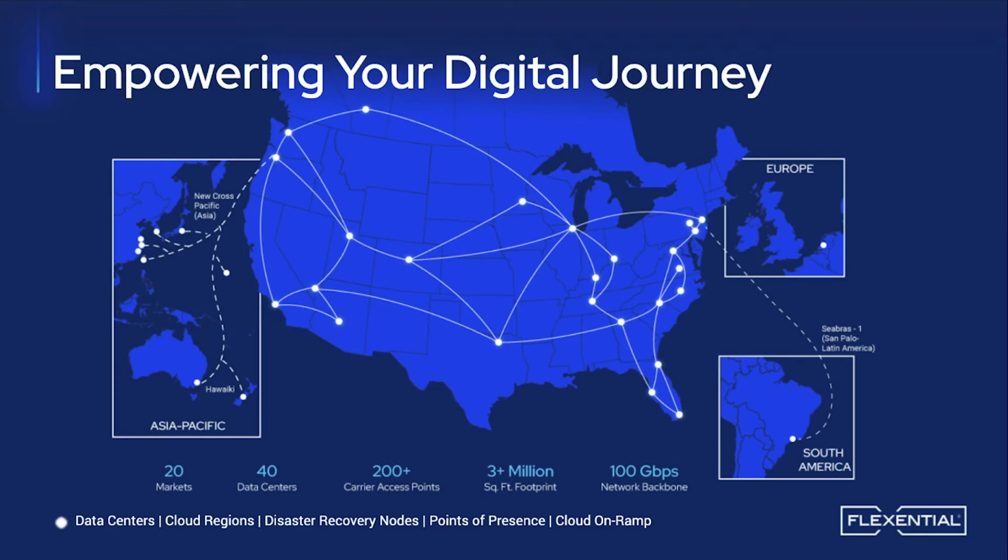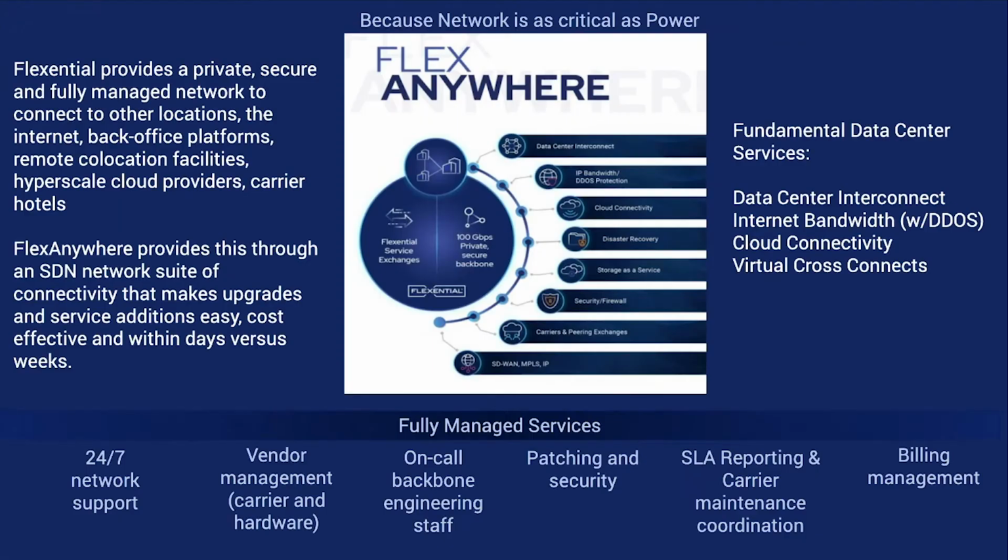They want all of that ecosystem, whether they're connecting to the cloud regions, or they have DR type of services, or they have the IP internet services that they need. And it all becomes this giant ecosystem that we're continuing to evolve and grow. And we do that under what we call our Flex Anywhere fabric and platform. It's really this platform that's designed to bring services to you in a secure, private manner.